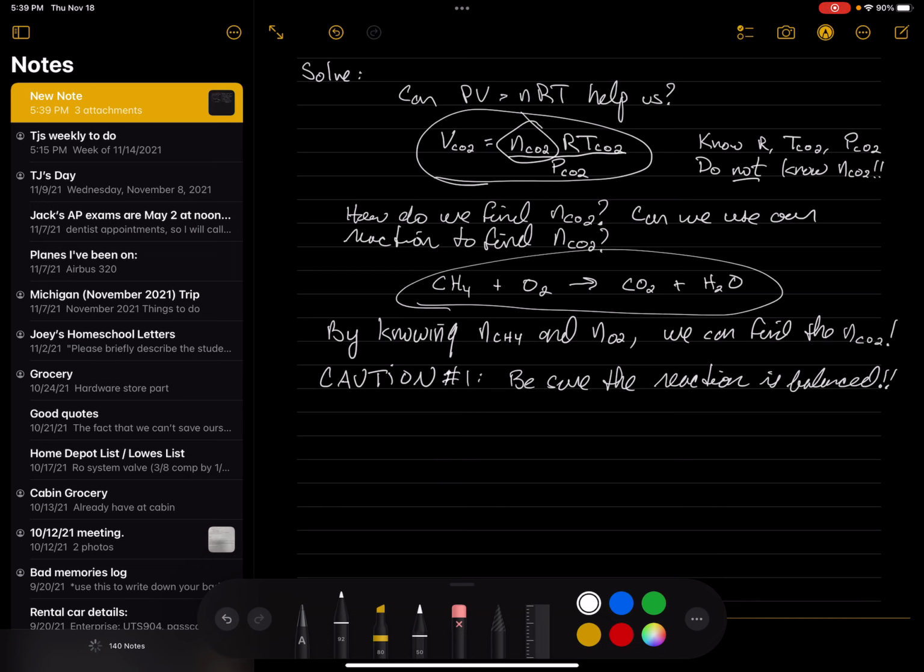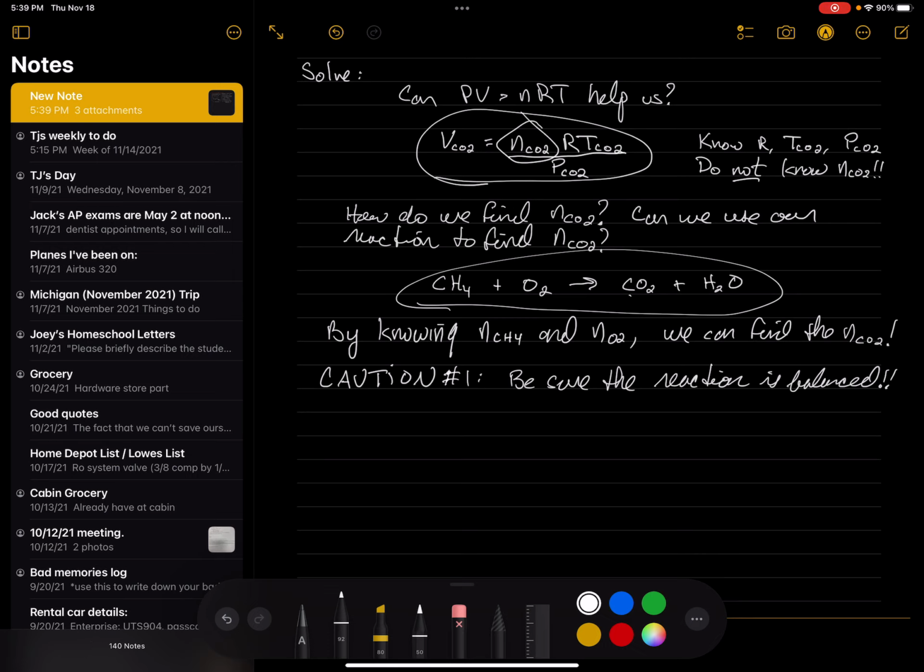So the way that I look at this, I say, okay, I have carbon in methane in my reactants. I have carbon in my carbon dioxide in my products. There's one carbon atom in methane. There's one carbon atom in CO2 for every mole of CO2. So my carbon is balanced between my reactants and my products.